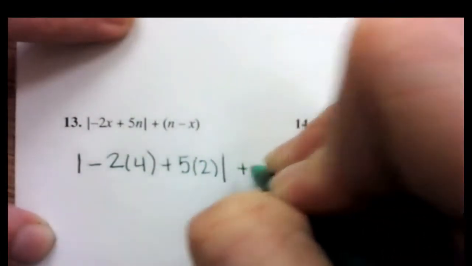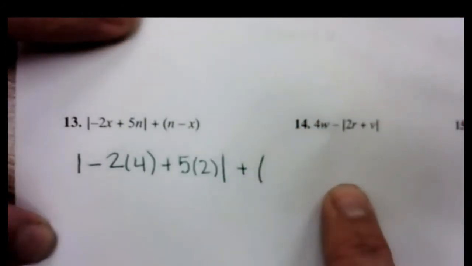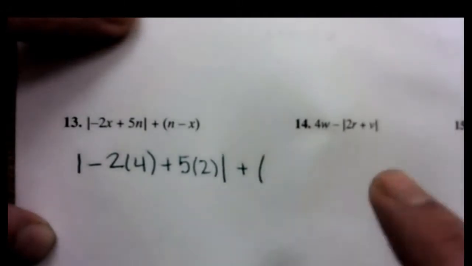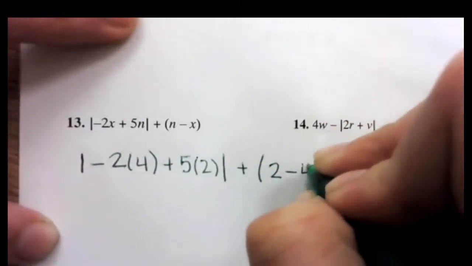All right, so we have absolute value of -2 times... you've got to go up above. X is equal to 4. So you replace x with 4 plus 5. N is equal to 2. Plus, now this side is a parenthesis, so that's different than an absolute value. 2 minus 4.